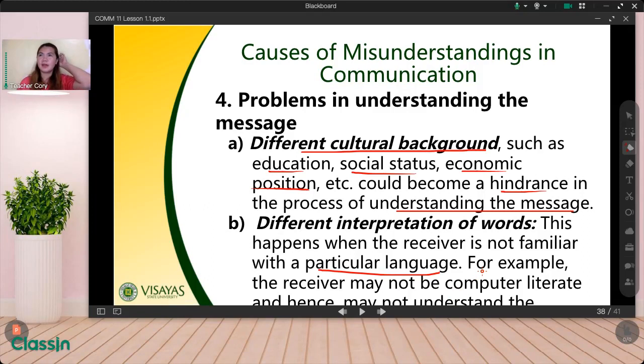Like, for example, if the sender is using acronyms like OTW, BRB, like that. If the person doesn't understand that, then of course that person will not be able to decode or decipher the meaning. So that is a language barrier. Or very clearly, like when someone is not speaking English, like Japanese or Chinese, that really is a big problem because we really cannot understand each other.